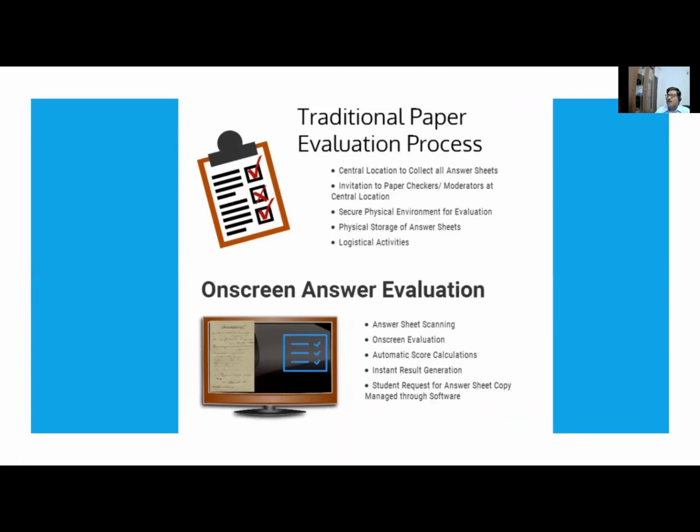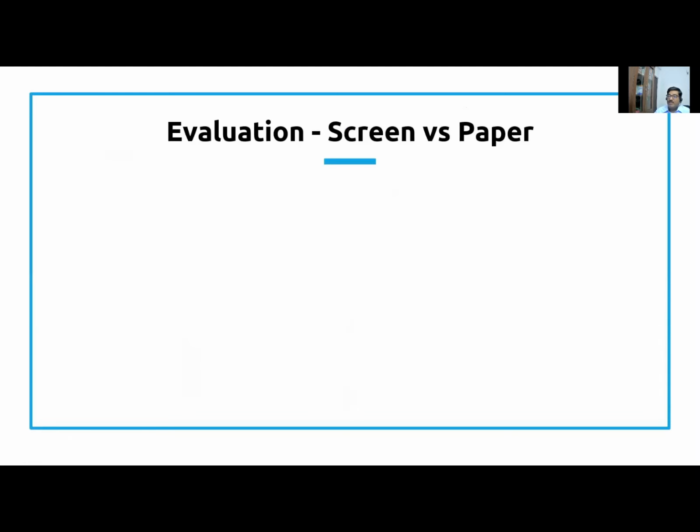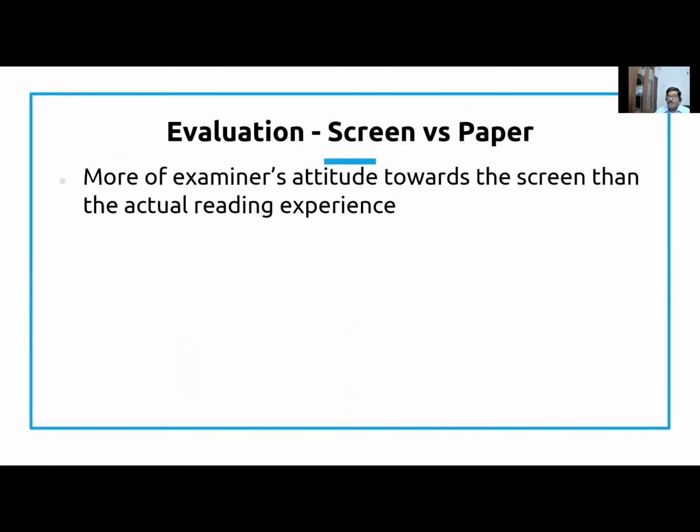A lot of complexities are there and the logistical activity is hefty, whereas in on-screen evaluation all these are negated through the software. So what is the difference between screen and paper evaluation? It has more to do with the examiner's attitude towards the computer screen than the actual reading experience.